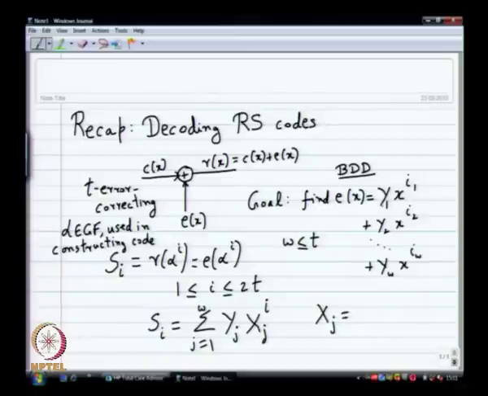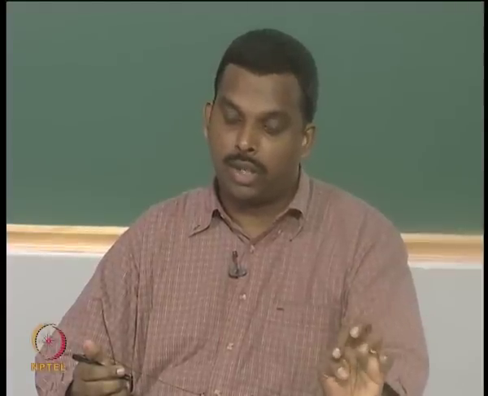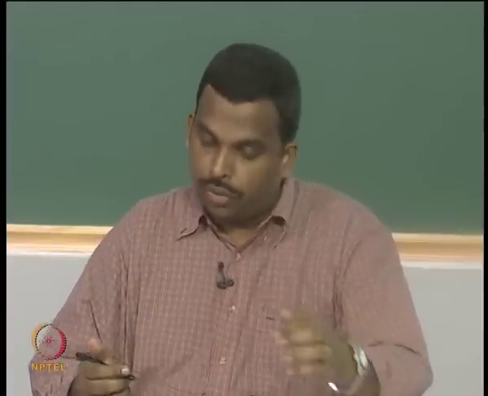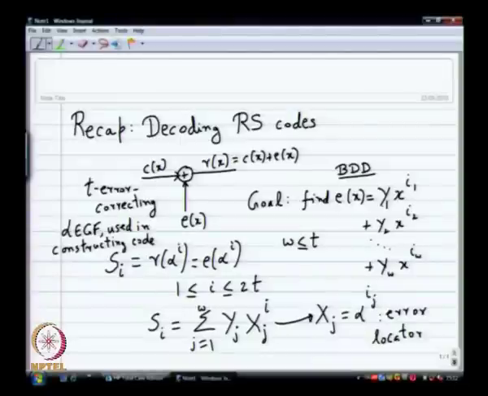Xj is alpha power I sub j, where this is the error locator. So these Si can be evaluated, and you have nonlinear equations. These are basically power sum equations, sums of powers of x. You want to determine the error locator. So the goal is to find obviously the error locator xj and the error magnitude yj. You have to find both.